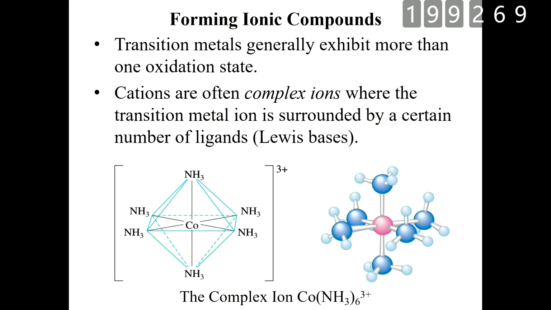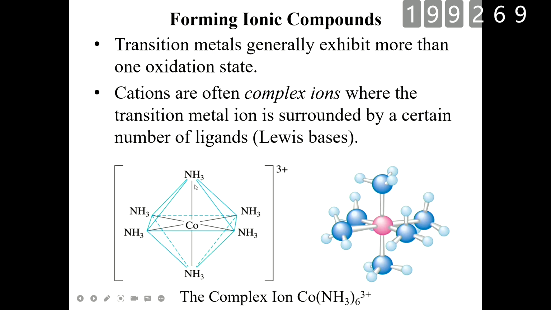So the metals can be called Lewis acids because they can accept electrons, because they have empty d and f orbitals. These empty d and f orbitals can accept electrons from the ligands.